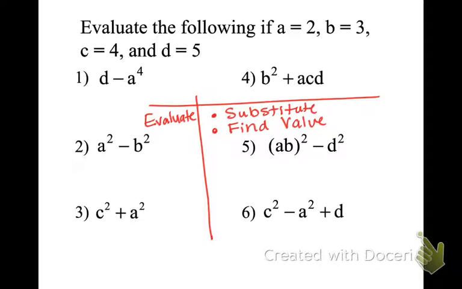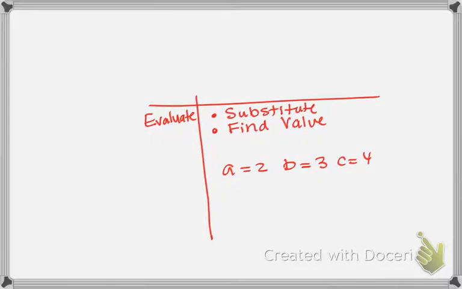Questions? Now, under that, I want you to put A equals 2, B equals 3, C equals 4, and D equals 5. You're writing this. And then you're going to write number 1, which is D minus A to the 4th.